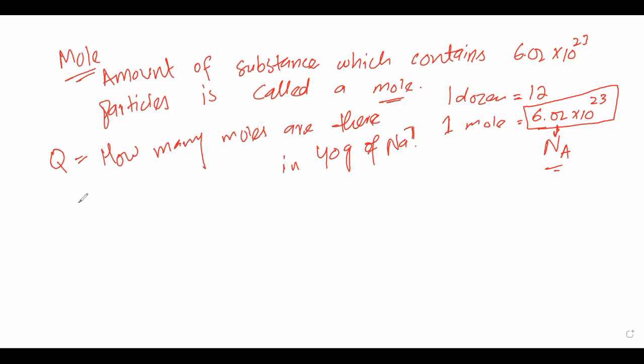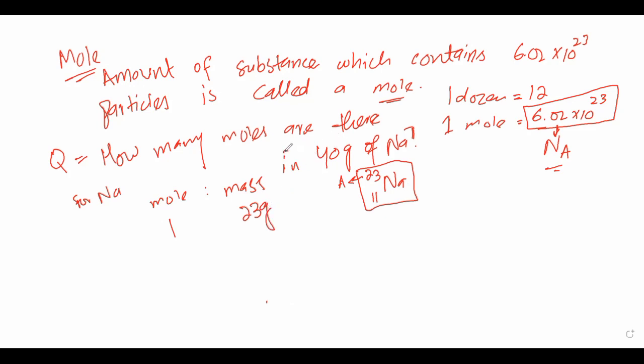For Na, we'll see in the periodic table, it will be written like this: sodium 11 and 23. By rounding it, we'll get 23. 23 is the atomic mass. So 1 mole contains 23 grams of sodium. How many grams are given here? 40 grams.